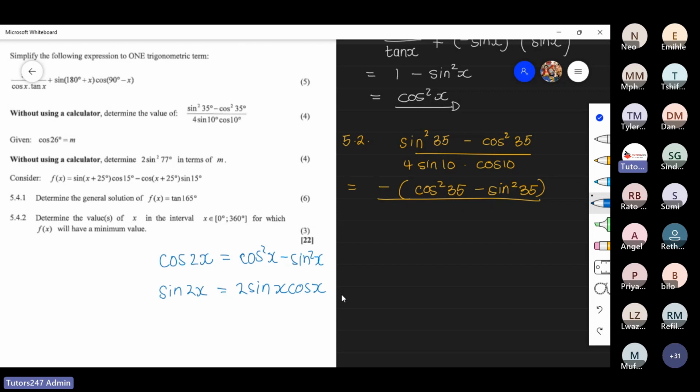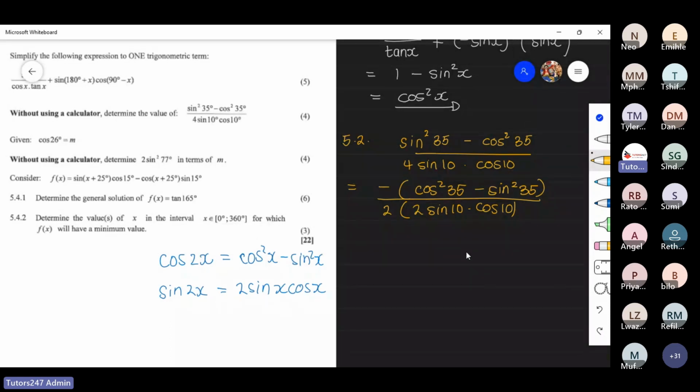So how do we turn a 4 into a 2? We just break it up. So from here, we can take out 2 as a common factor, and we'll be left with 2 sine 10 cos 10. Now that looks identical to the double angle formula of sine that we have within our formula sheet.